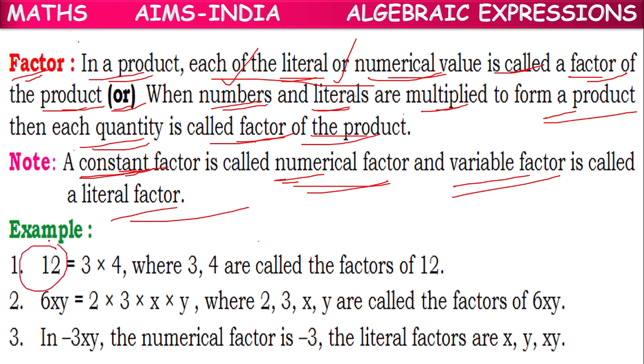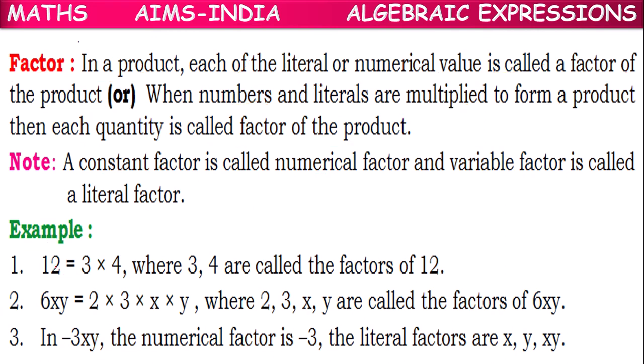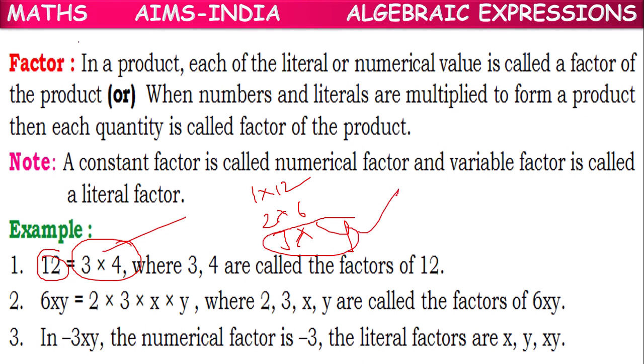Suppose we have the number 12. How can we form the number 12? By multiplying 3 and 4. Actually, we have many combinations: 1 into 12, 2 into 6, 3 into 4. If we take the product of 3 into 4, it is 12.